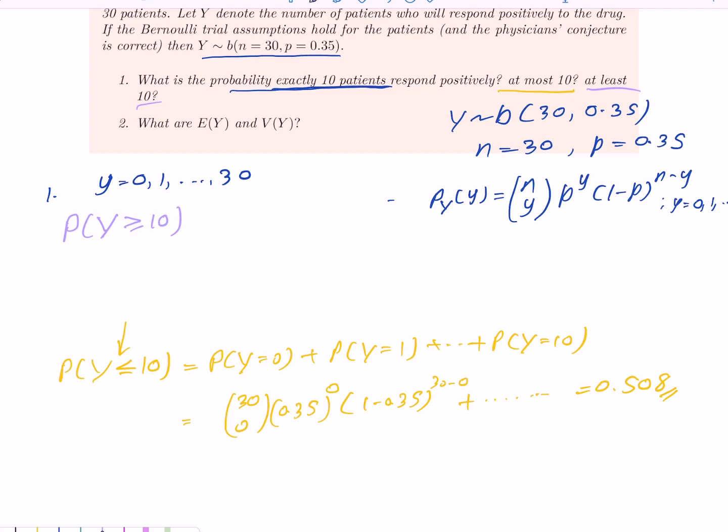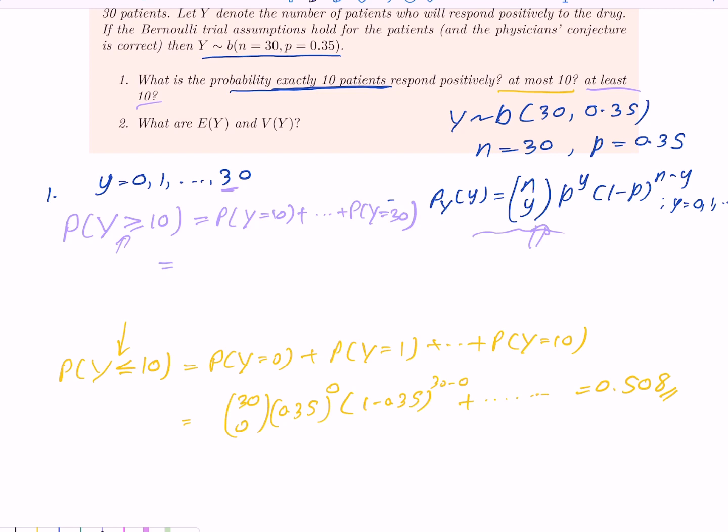Because this goes up to 30, again you cannot use this PMF directly because this is not an equal sign. So you can make equal signs: y equals 10 plus y equals 11 up to probability y equals 30. So it is a bunch of numbers, and you have to plug in the PMF for each case.